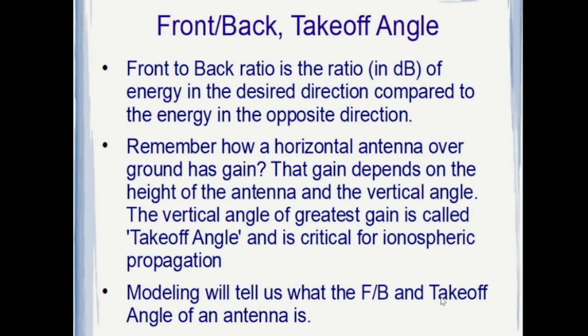So the next thing I'm going to talk about is takeoff angle, and I'm going to go back to the example of the horizontal antenna over ground. Basically, a horizontal antenna over ground is going to have a major lobe, and the angle of that lobe is going to depend upon the height of that antenna in wavelengths over ground. If we're interested in DX and contesting, we would very much like to match that takeoff angle to an angle that we know is good for communication to the places we want to get to.